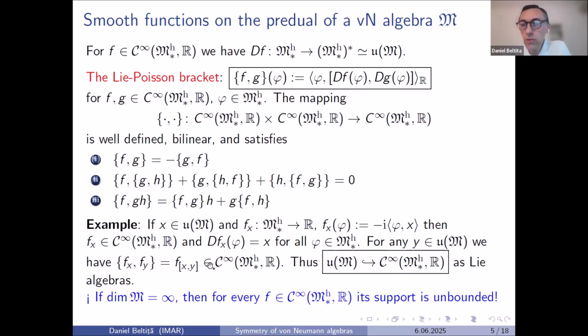Of course, it is not so easy to use this information for the reason that this is a Banach space that has a pretty pathological structure in the sense that it is pretty far from a Hilbert space. In particular, it does not admit bump functions. In fact, one can prove that if the von Neumann algebra is infinite dimensional, then this space does not admit smooth functions with bounded support.